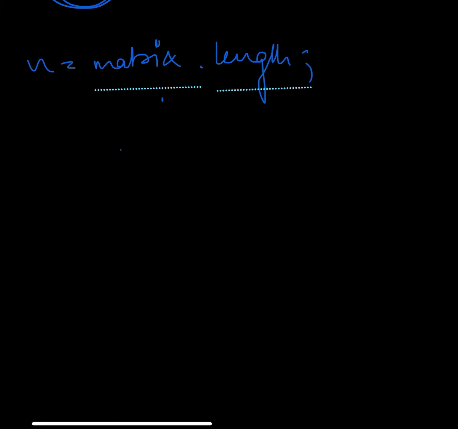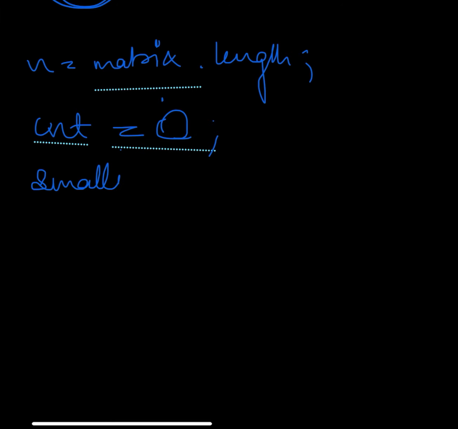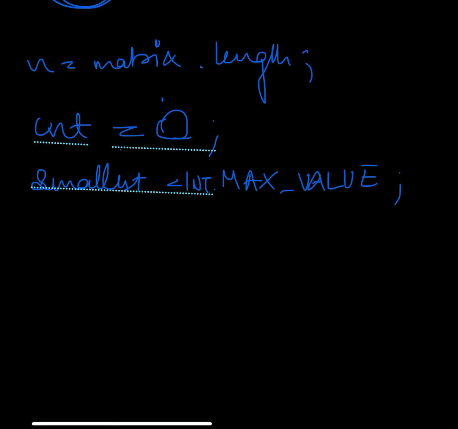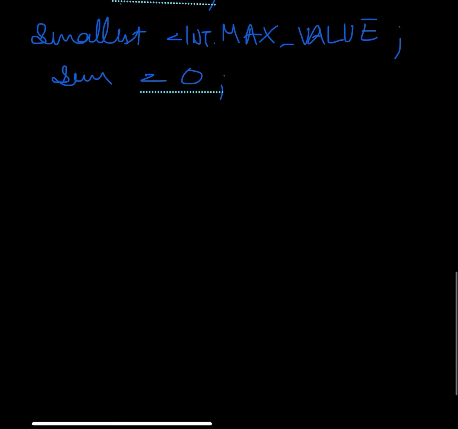Then we'll take a counter, initialized as 0. And our smallest number, which we'll initialize as int dot max value. And then sum as 0, in which we'll store the total sum.